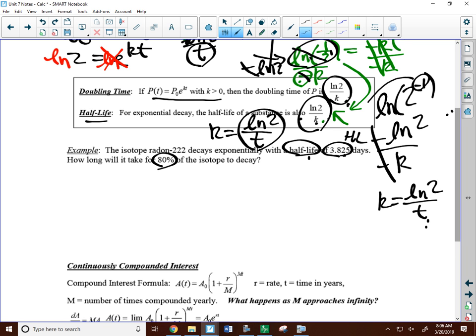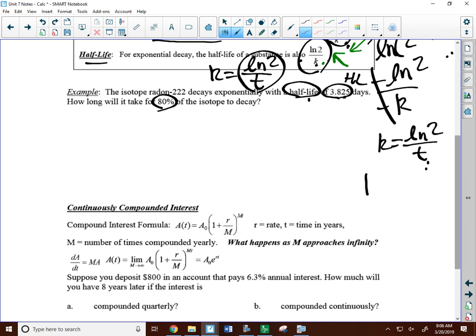If I want T, I would just use ln2 over K. So I can get my K value by doing ln2 over the time, which is the half-life time, 3.825. And that's K.